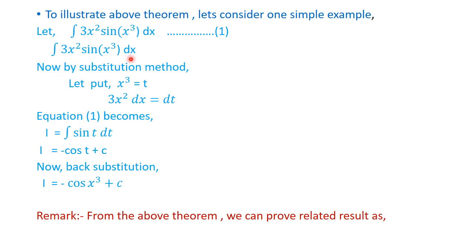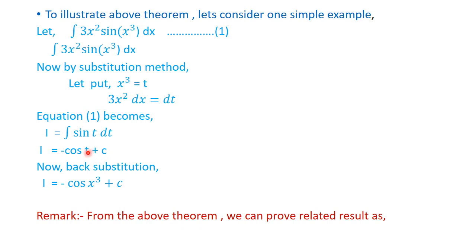So here equation 1 becomes, after substitution, 3x square dx is equal to dt, and sine x cube is replaced by t, therefore it becomes sine t. Hence the function is reduced to the new variable, sine t into dt. Remember that only the terms of x get replaced, sine remains as it is.